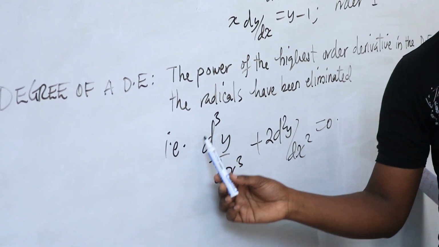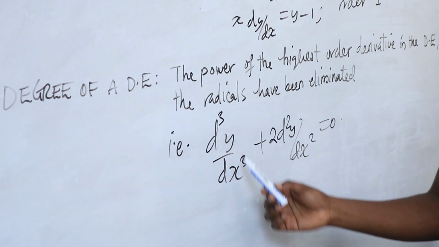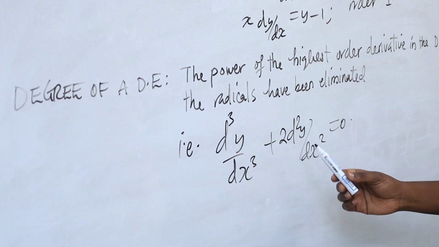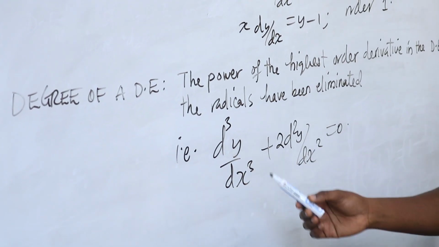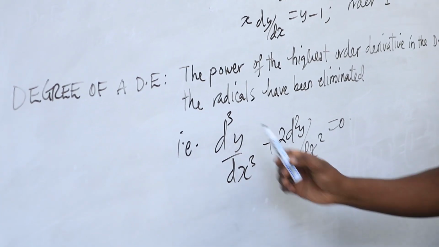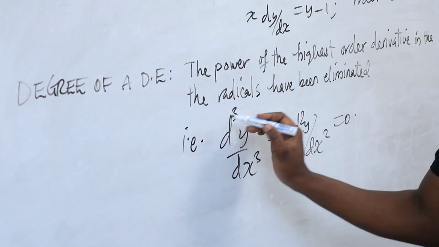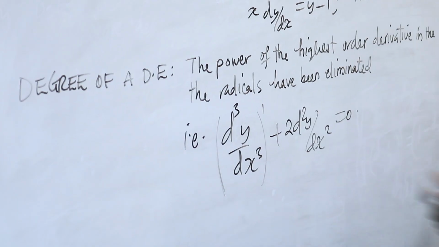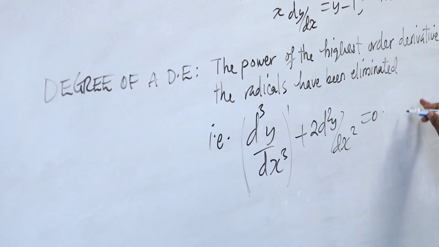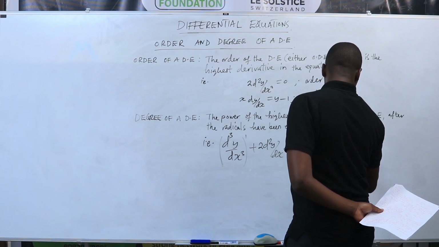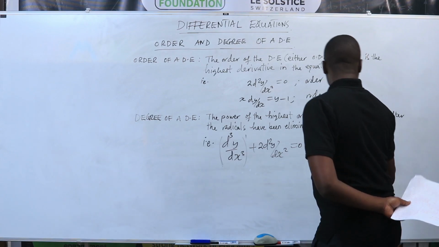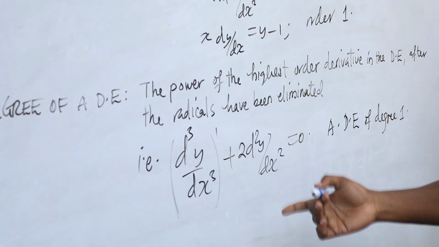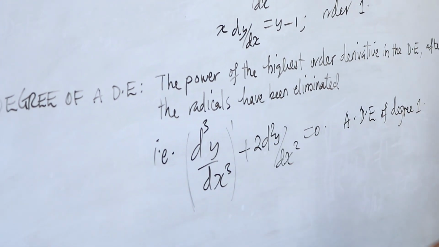Our highest order derivative here is the third derivative. This is the second derivative, so the highest is this one. After that, you check the power on it. The power here is 1. So this becomes a differential equation of degree 1, though the highest derivative reaches the third derivative.